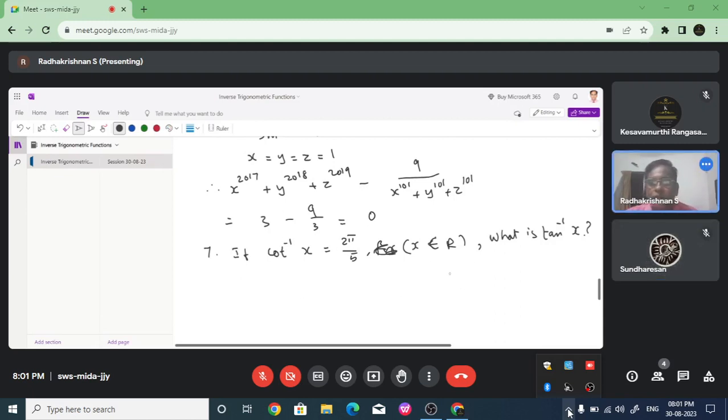Okay. So let us say this cot inverse of x equal to theta. Actually, you have an identity, right? Cot inverse of x plus tan inverse of x equal to pi by 2. So now that cot inverse is given, so we can determine tan inverse. Right?